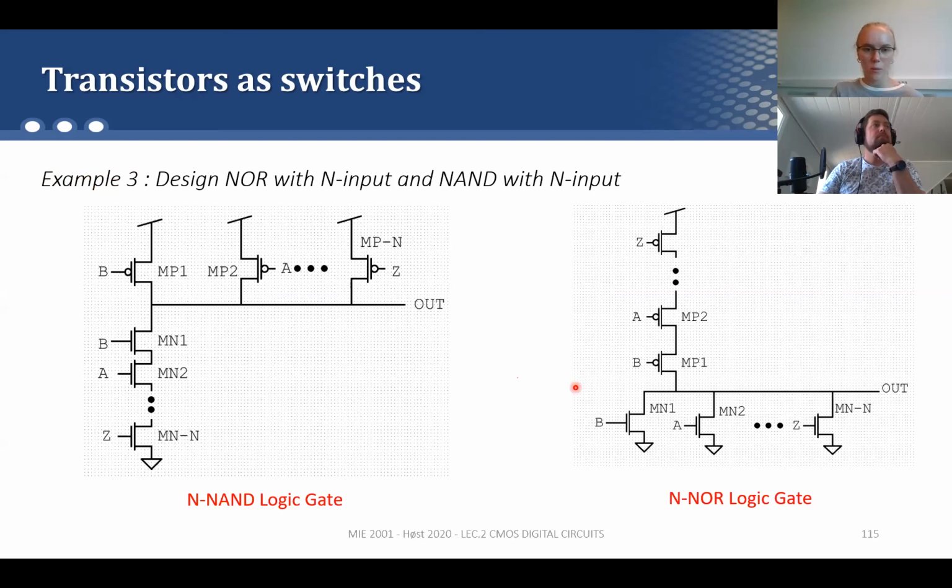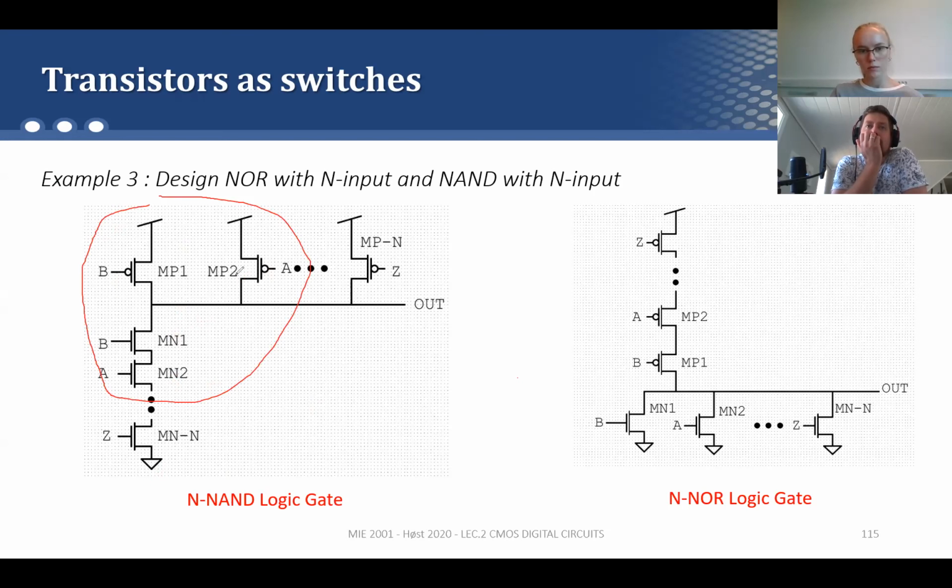Design a NAND or a NOR with n inputs, where n means 1 or 2 or 3 or 4, whatever. As I showed before, if you consider just MP1, MP2, MN1, and MN2 on the left side for the NAND, then you get a 2-input NAND.